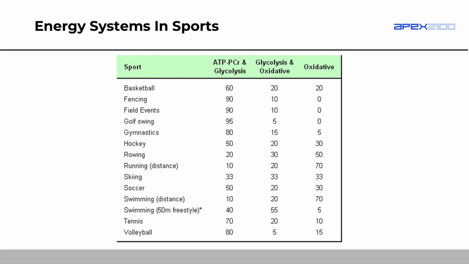Soccer is 50% ATP-PCR or phosphagen, 20% glycolytic and oxidative, and then 30% oxidative. So we have a very interesting split here where most of it's actually coming from that phosphagen glycolytic short duration energy system, because like I said before, they've got those short bouts of intense physical activity where they're sprinting for the ball and then resting.